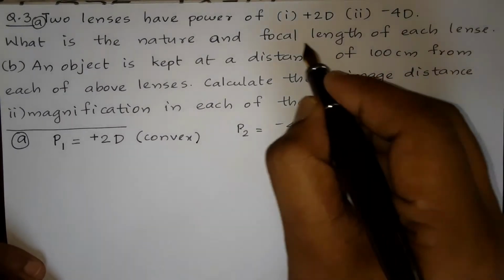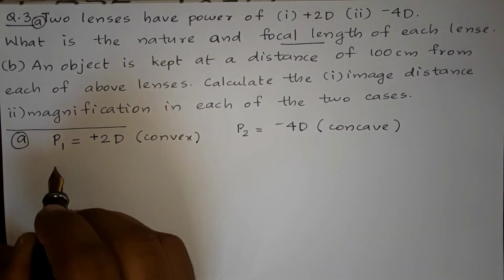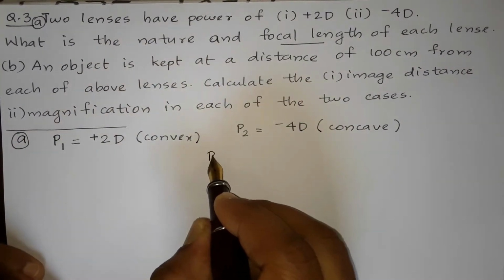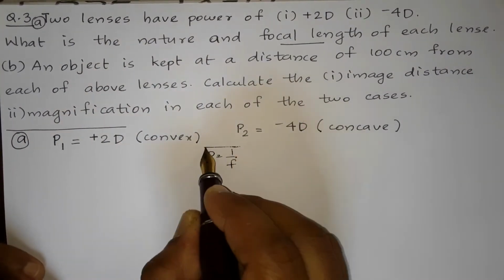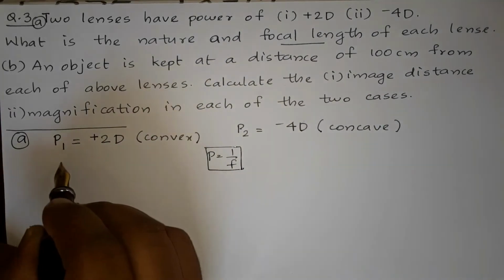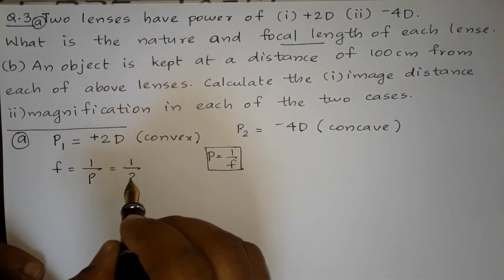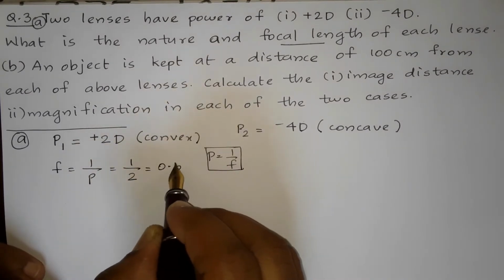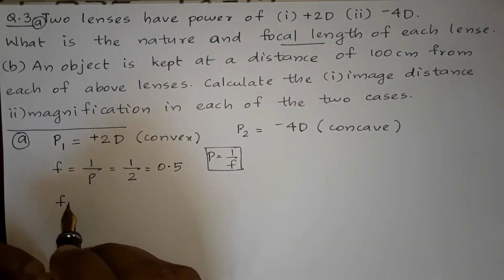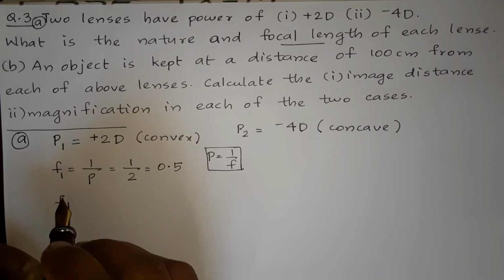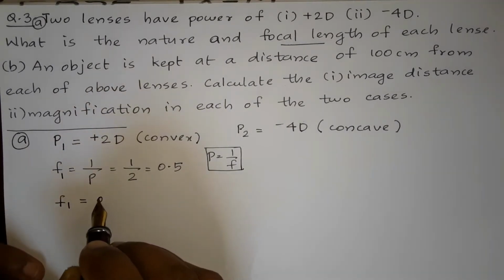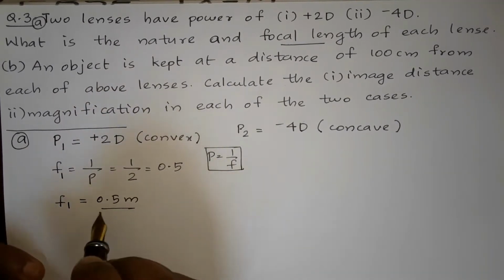Now we have to find the focal length. P is equal to 1 by F, we know. So F is equal to 1 by P. So 1 by 2, that is 0.5. So F1, for the first lens, focal length is 0.5 meter.